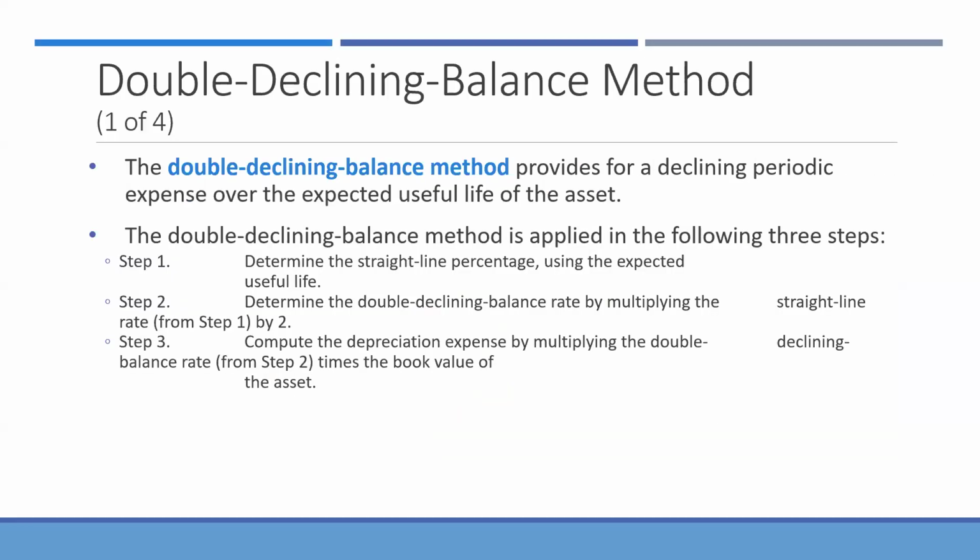And so we determine the double declining balance rate by multiplying the straight line rate. Remember when we took the 100% divided by 5 years is 20%. For double declining balance, we'd use 40%. And then we compute the depreciation expense by multiplying the double declining balance rate times the book value of the asset.